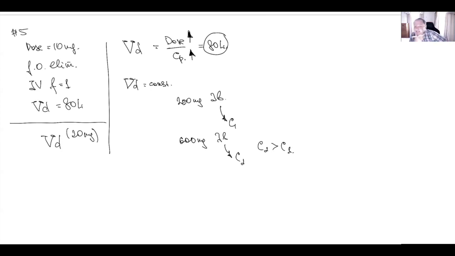So in this situation, we will have a new level of steady state concentration because the dose will rise. In general, you should follow the concept that if you increase the dose, plasma concentration rises as well. And as a result, volume of distribution remains at the same level.